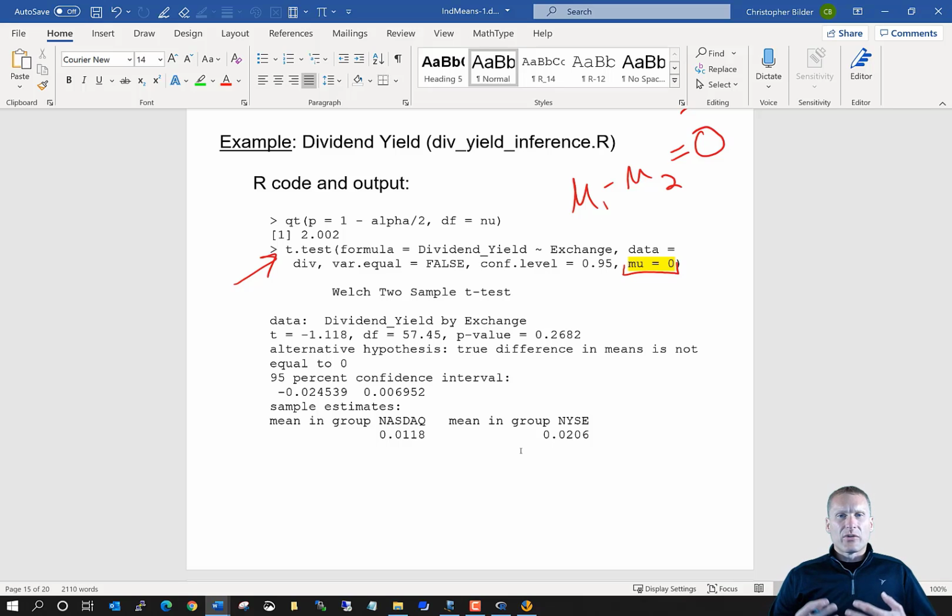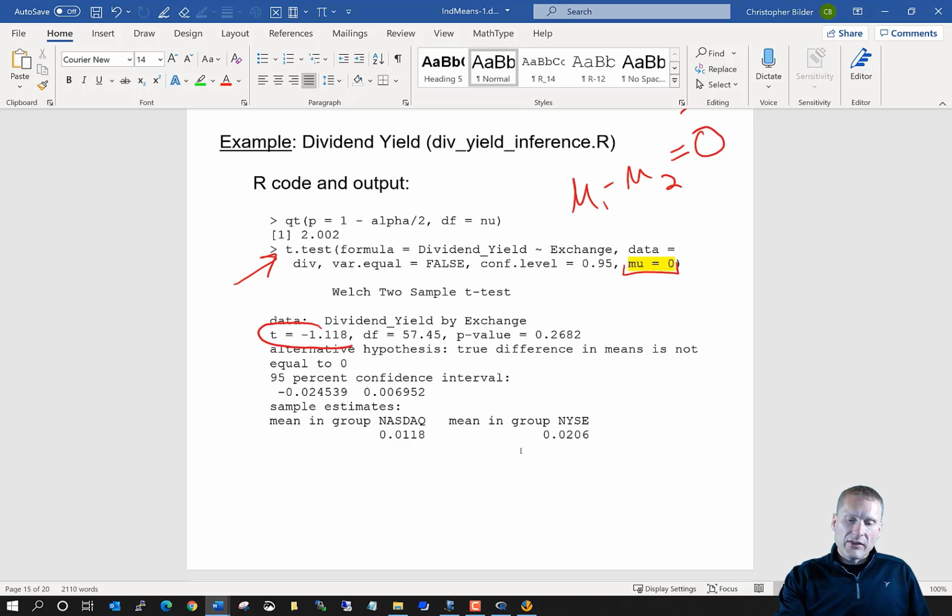Now, obviously, we're dealing with 2 different population means here, but this is just the syntax in t.test, and so that's why we say mu equals 0. Note that there are corresponding arguments in t.test that allow you to do a one-sided or one-tailed test as well. The default is two-sided.